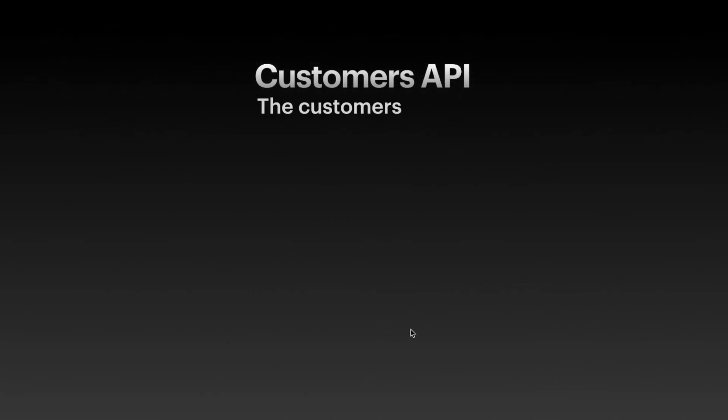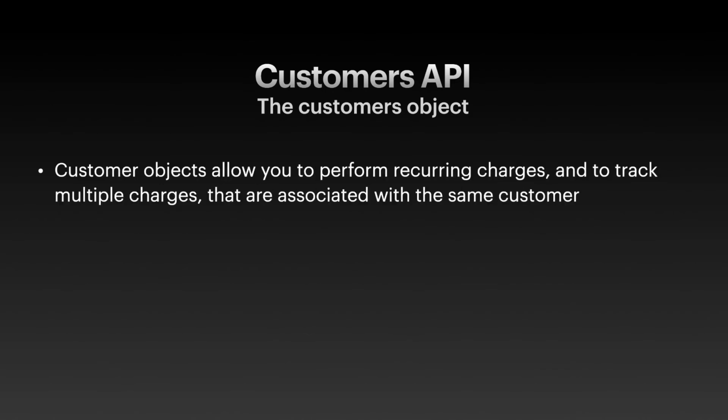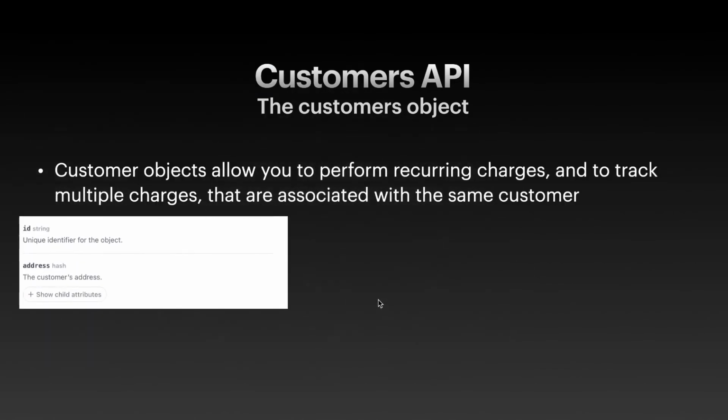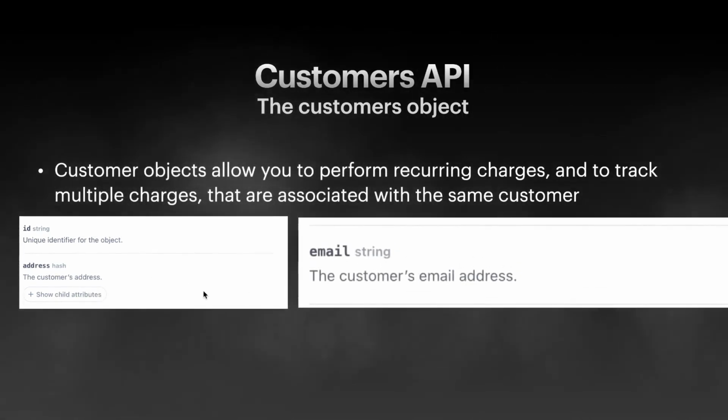Okay, let's see the Customers API and the customer object. Customers are for recurring charges. When you create a Stripe customer, Stripe sends you back in the response an ID, a unique identifier that is part of the customer object.